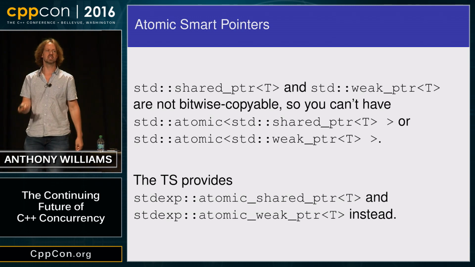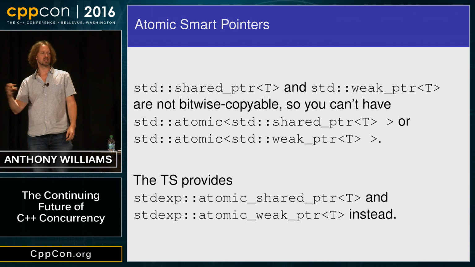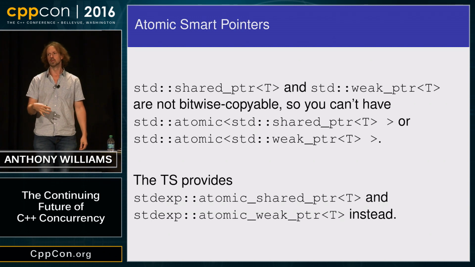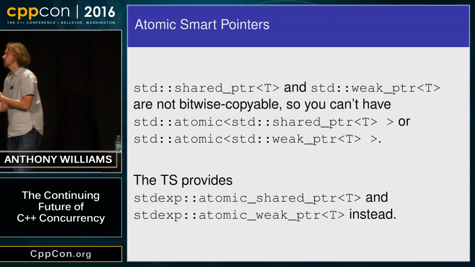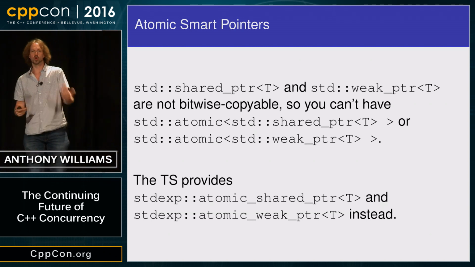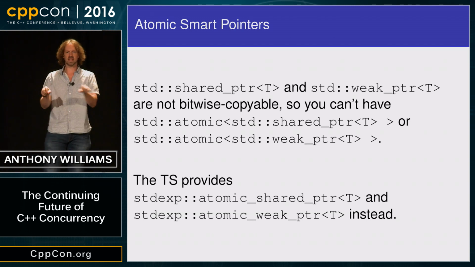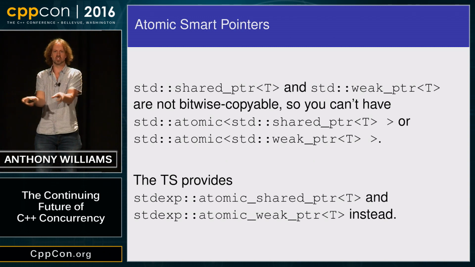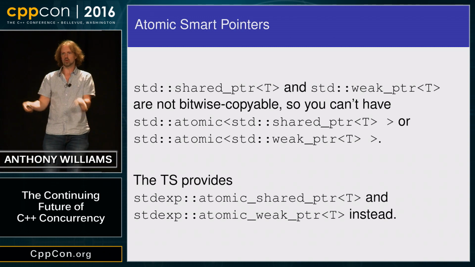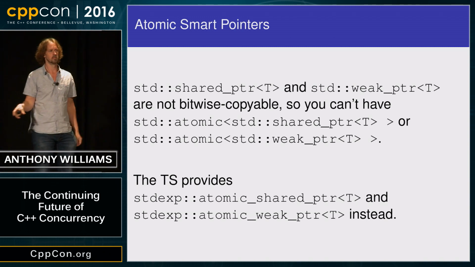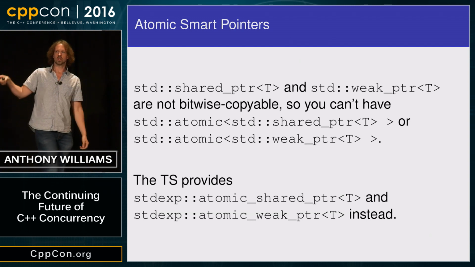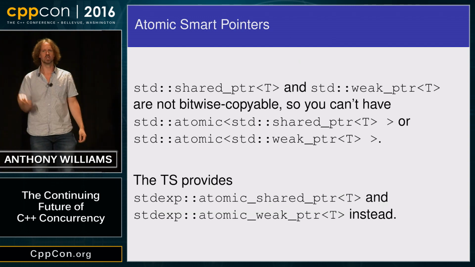The final thing in the Concurrency TS is atomic smart pointers. Now, shared pointer and weak pointer are not bitwise copyable because they've got to deal with the reference counts. So you're not allowed to say std::atomic of std::shared_ptr or std::atomic of std::weak_ptr. But it would be really nice if you could.